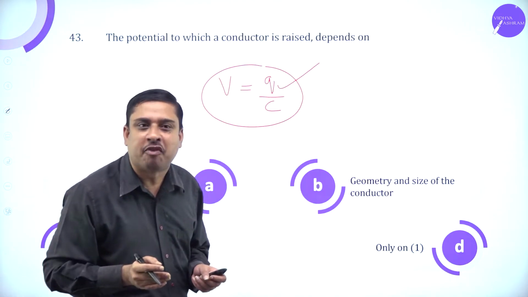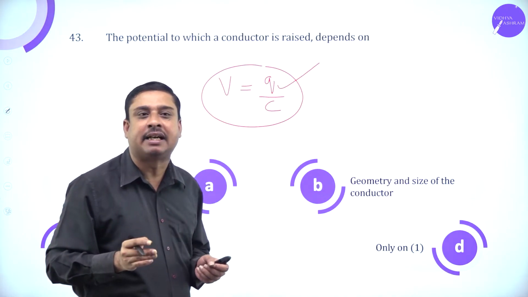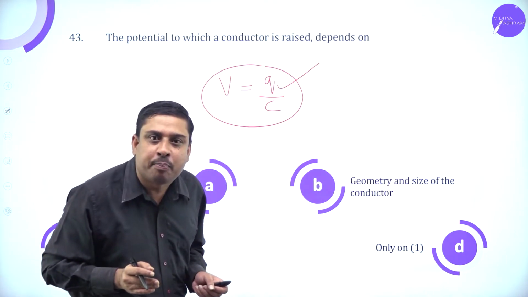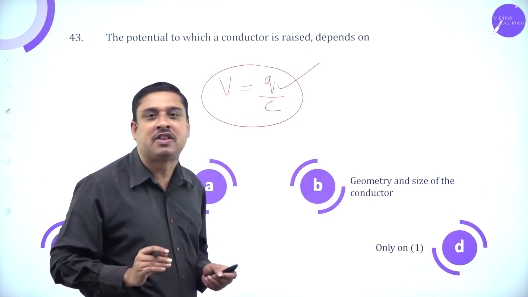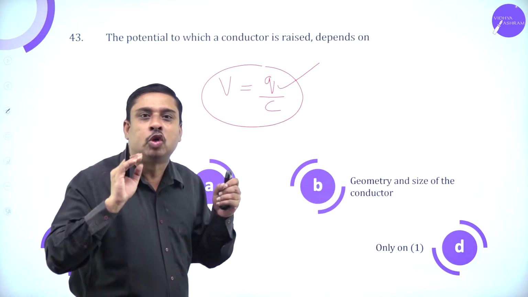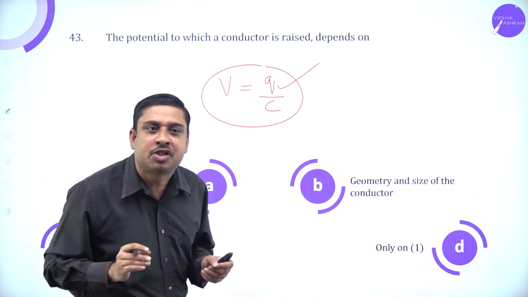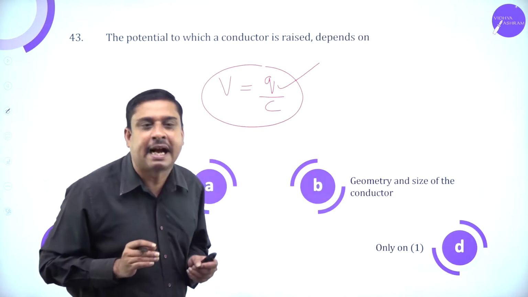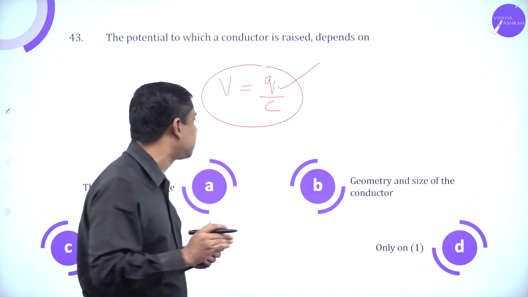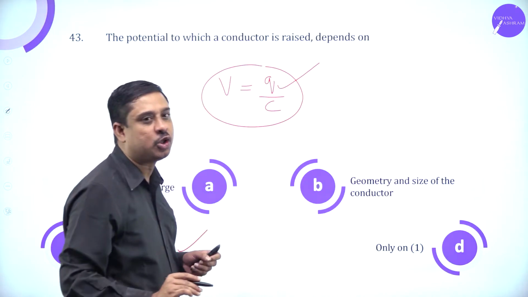Naturally, shape of the conductor, the geometry of the conductor. Capacitance also depends upon the size of the conductor. So potential depends on amount of charges stored. It depends on geometry, that is the shape of the conductor as well as the size of the conductor. So here the answer is both 1 and 2.